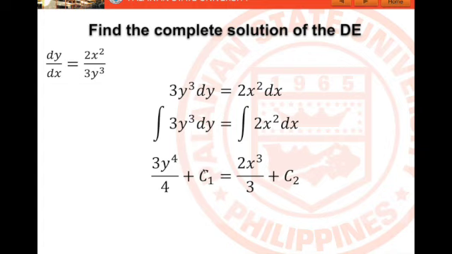Again, these are arbitrary constants, so we can combine them and assign an arbitrary constant c.